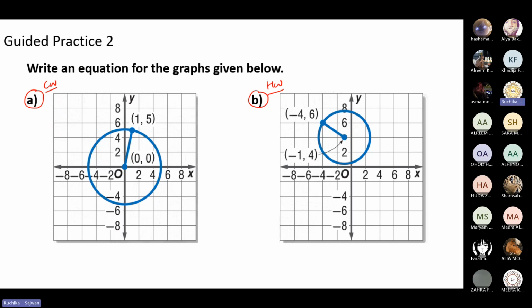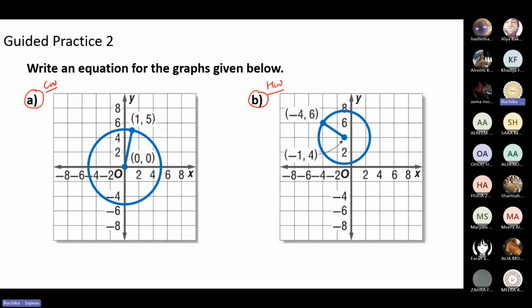For the A part, you write in your notebook 2 equations. Which one will you use? 1 or 2? What is the center of circle A? Sarah, Fozia, anybody?